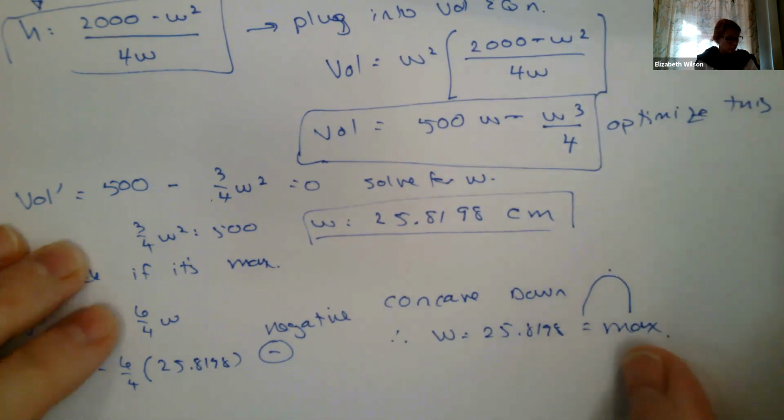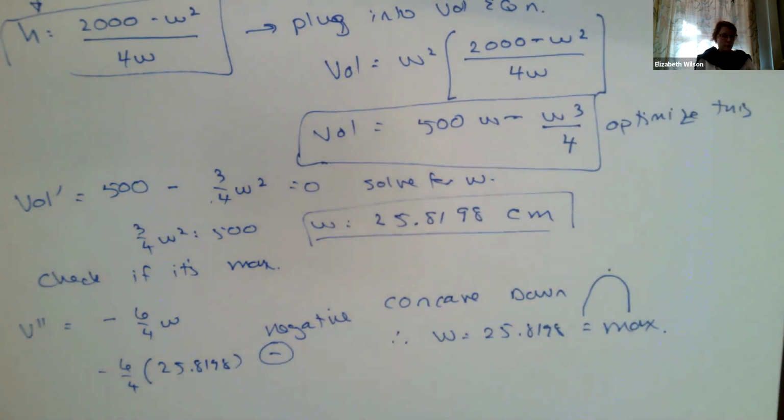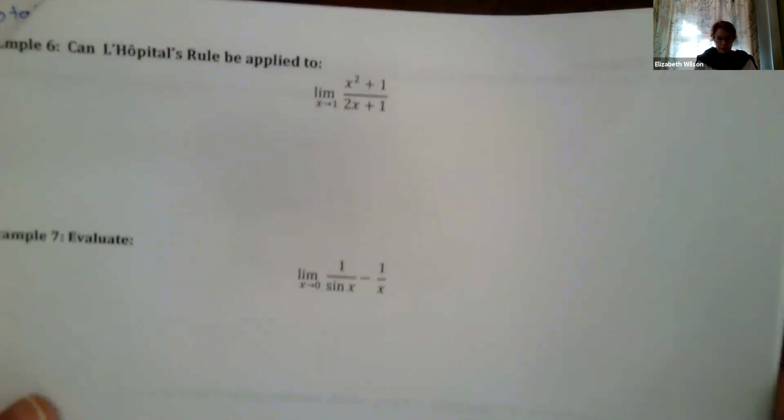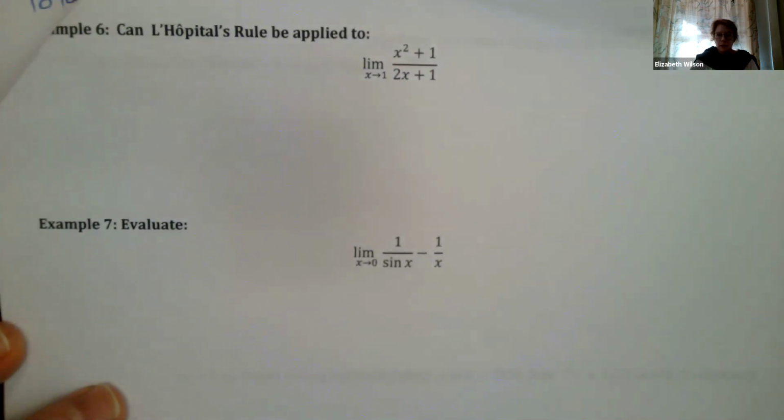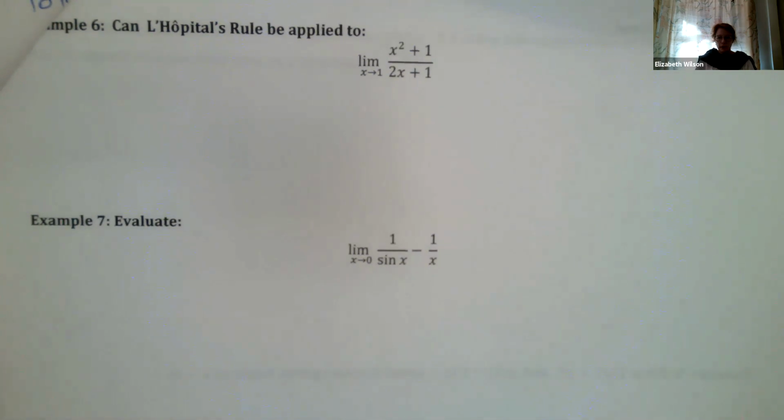We're going to be continuing on talking about chapter 3.5. Okay, so we are in chapter 3.5. This is L'Hopital's rule. L'Hopital's rule is a way to evaluate the limit of a function, right?